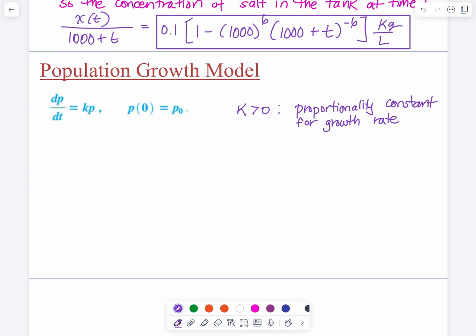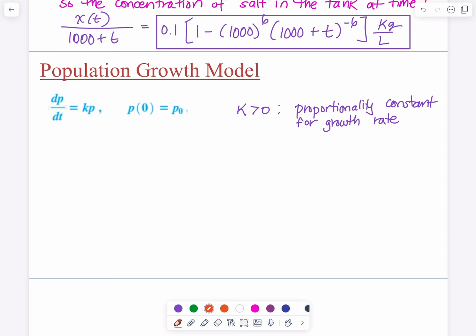As you can also see, we have the initial population at time 0 equal to P naught. We call this the Malthusian or exponential law of population growth.